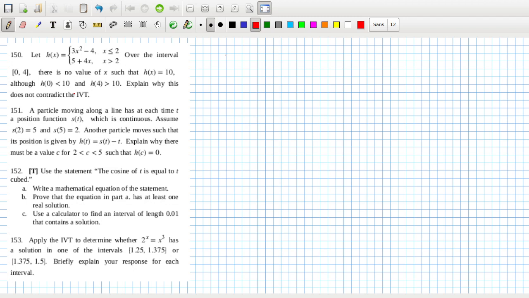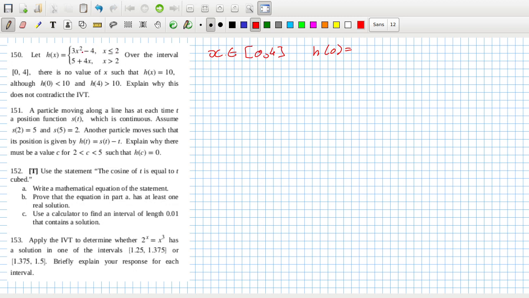There's no value of x such that h of x equals 10, although h0 is less than 10 and h4 is more than 10. Explain why this does not contradict the IVT. So what's happening here is that for the x, we have 0 to 4, and h0 is less than 10. We could actually calculate it.